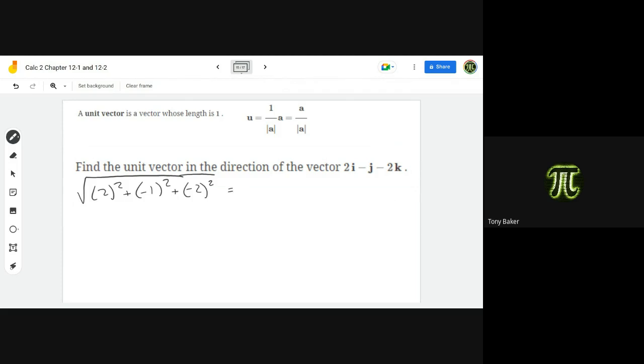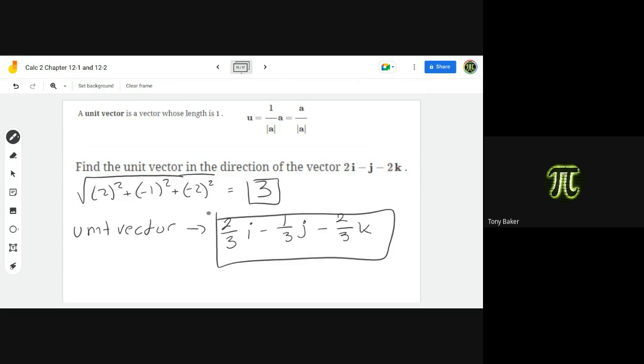We already did this, it comes out to be 3. So now to find my unit vector, I'm going to take each of those and divide them by 3. So I have 2/3 i minus 1/3 j minus 2/3 k. And that's the unit vector.